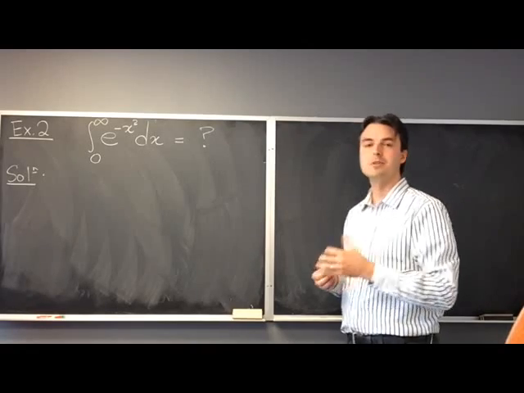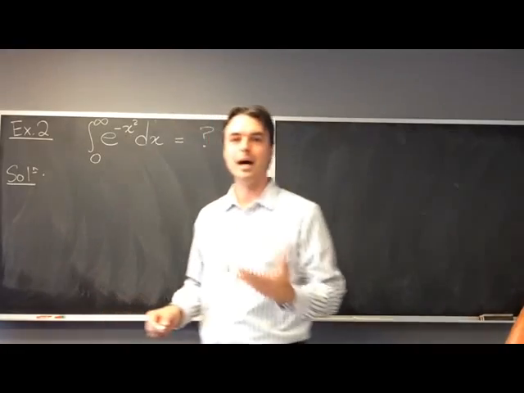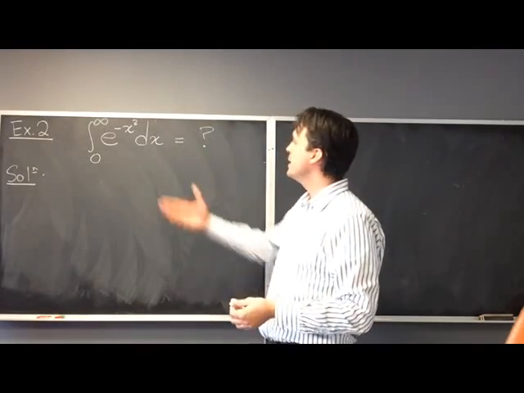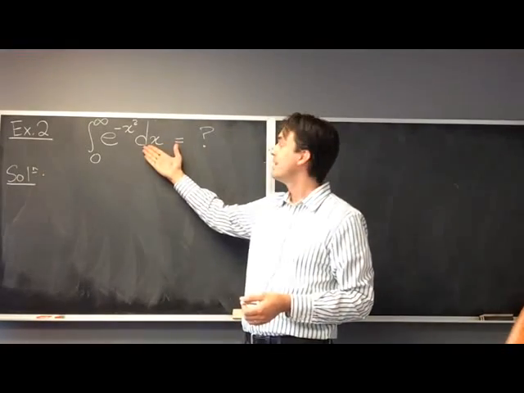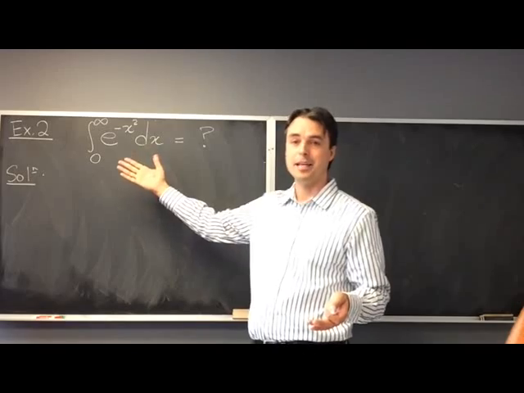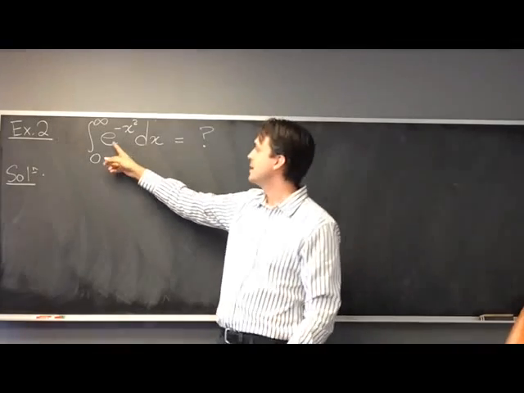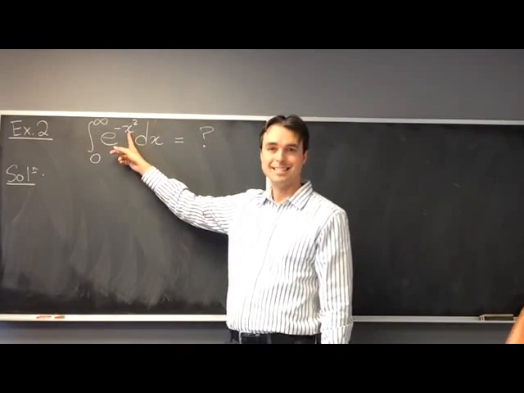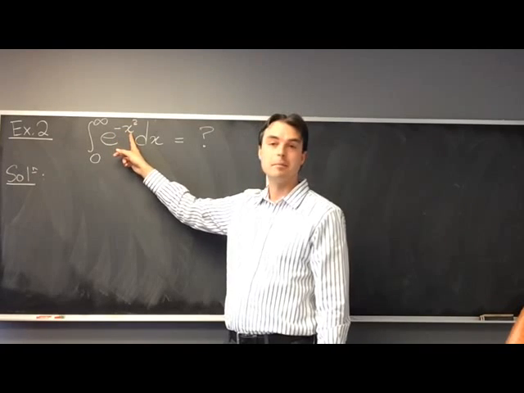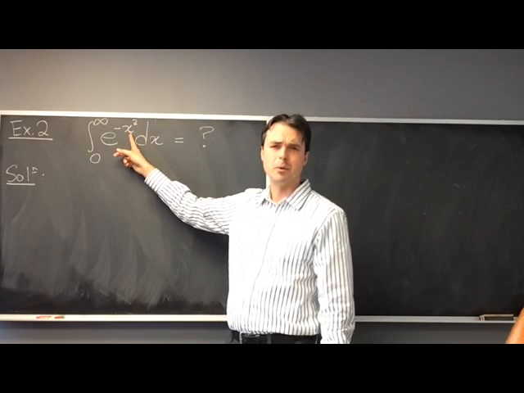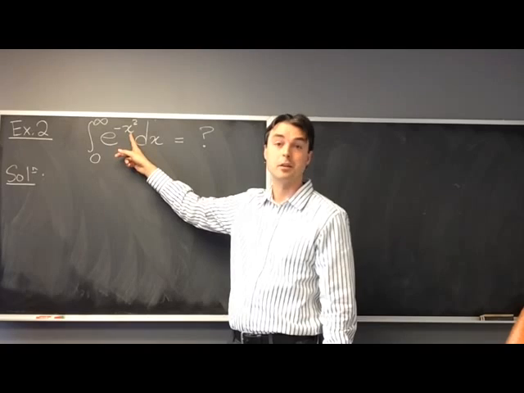So here's what we do: we start by letting this integral equal I. And first of all, how do we even know that it converges? Well, Math 138, the comparison test: e to the minus x squared is certainly less than e to the minus x, at least for x greater than 1.